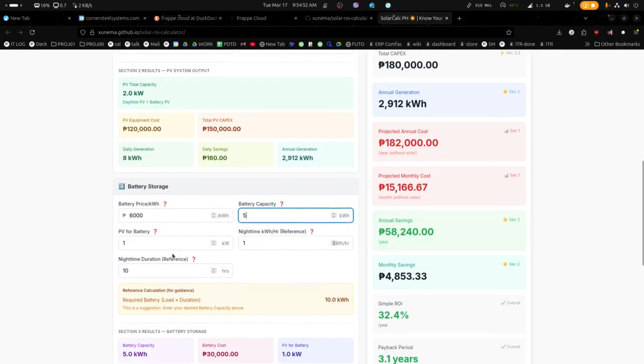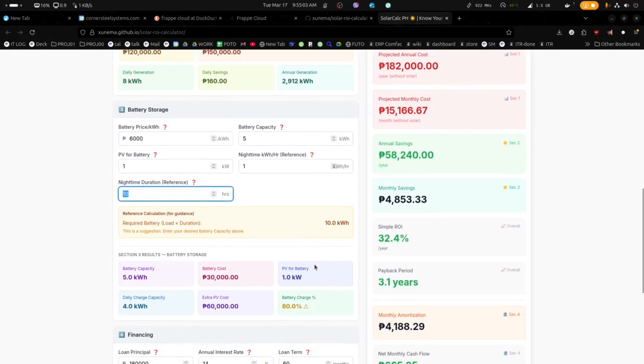With this, you enter the number of appliances running at that time and the nighttime duration. You can say 8 hours, when you start turning the aircon on.